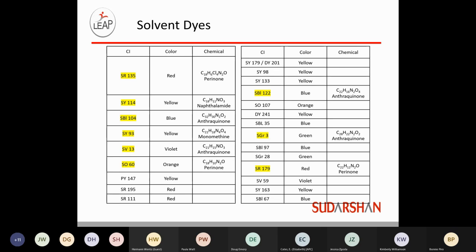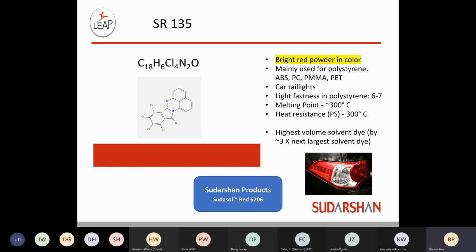As I mentioned, the solvent red 135 is the highest volume solvent red or solvent dye in the polymer area. It is a bright red powder used for a variety of plastics.